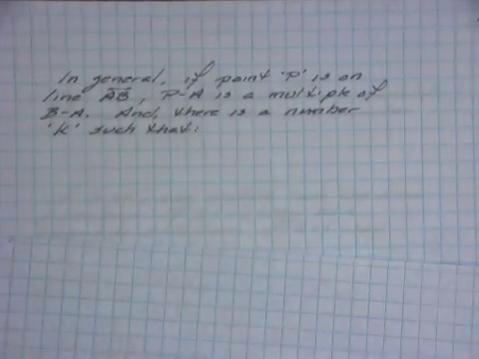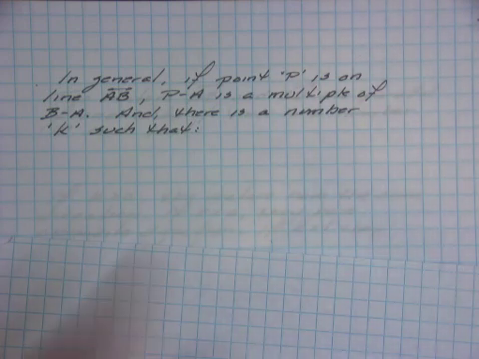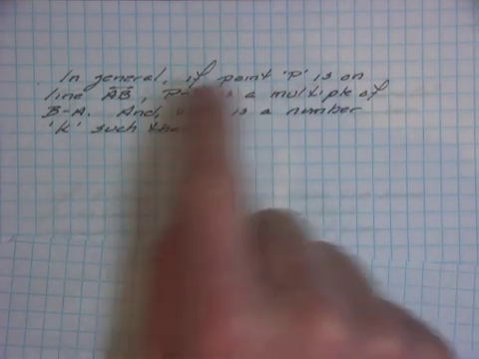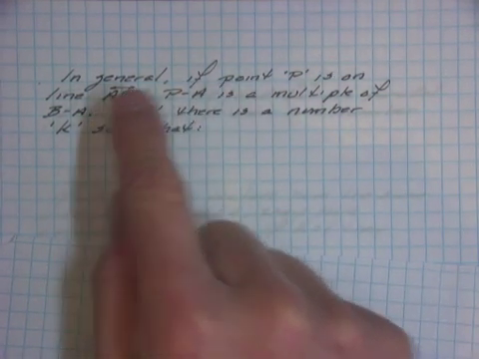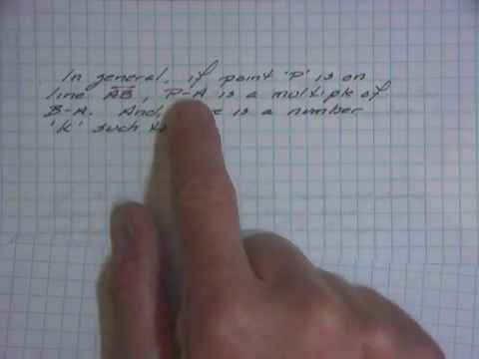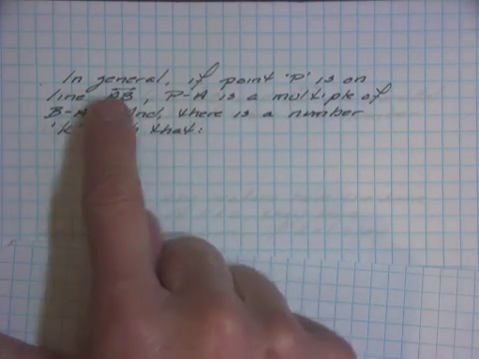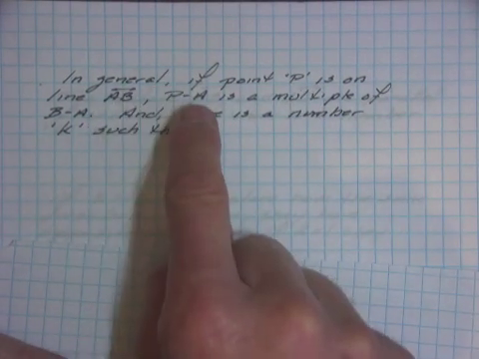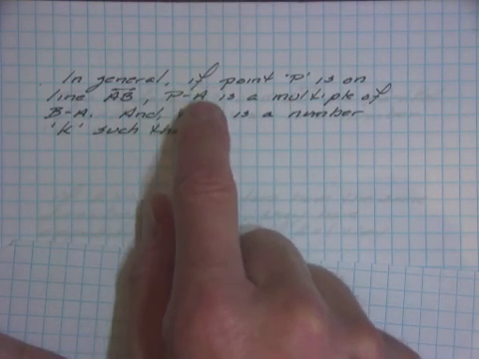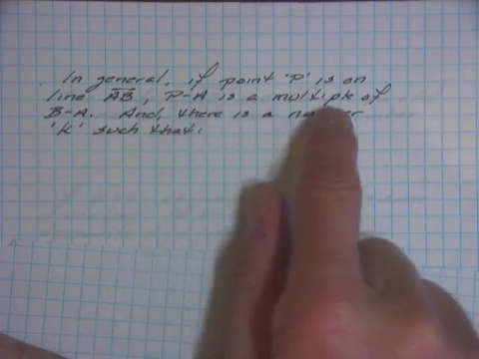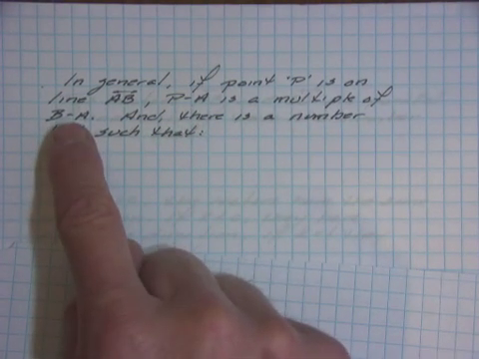So let's see where that takes us. In general, if point P is on line AB, then P minus A, now this is getting really confusing.